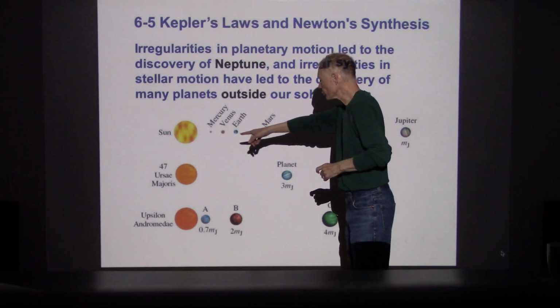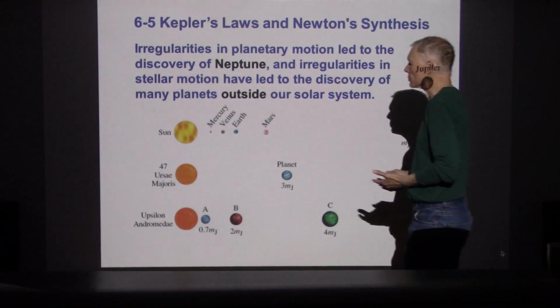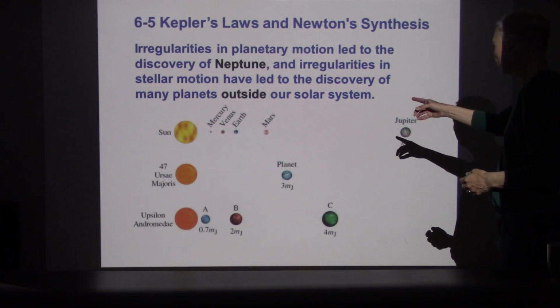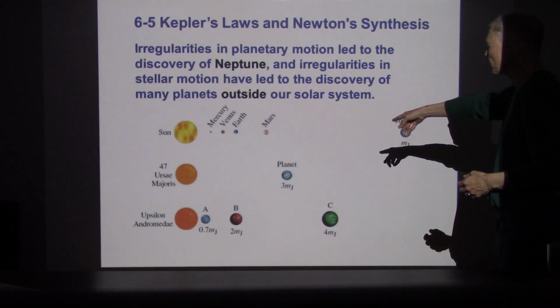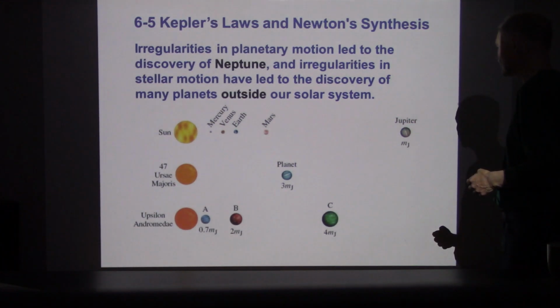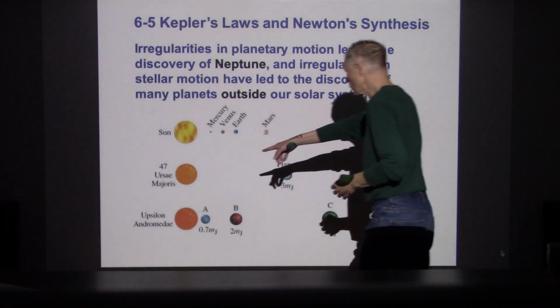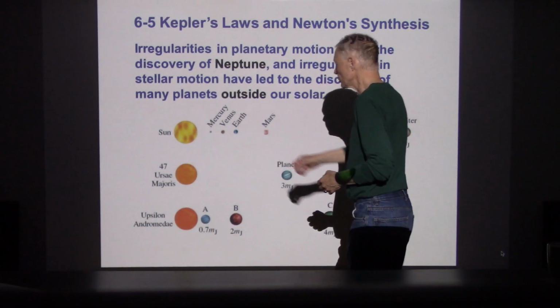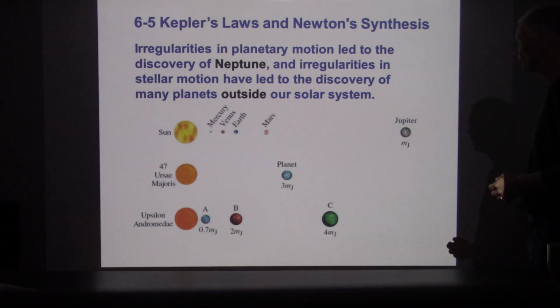So, here's Ursa Major, which I guess is a star in the Big Dipper. And we've identified a planet around that star, and it's 3 times the mass of Jupiter. And then here are some around a star in the constellation Andromeda. And again, we've got 3 planets here that are relatively large.